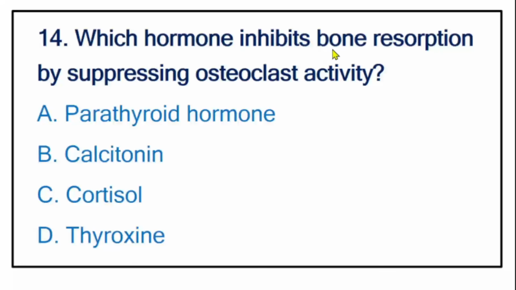Which hormone inhibits bone resorption by suppressing osteoclast activity? Parathyroid hormone, calcitonin, cortisol, thyroxine. The correct answer is calcitonin. Its action is just the opposite of parathyroid hormone.